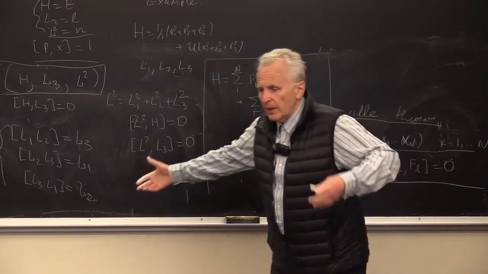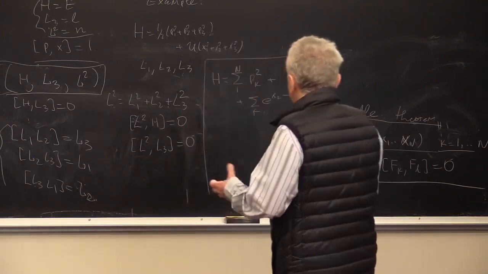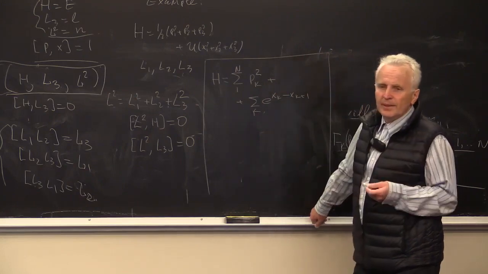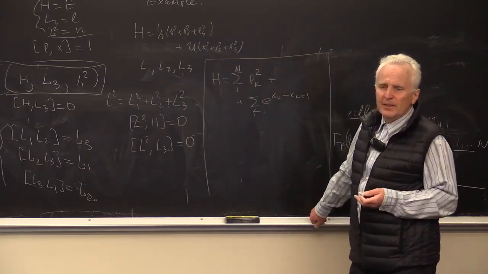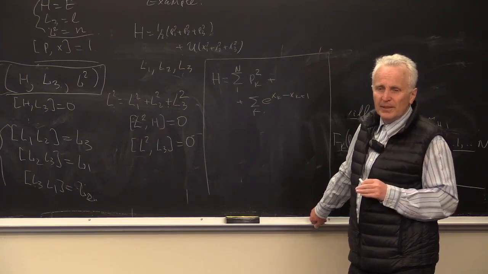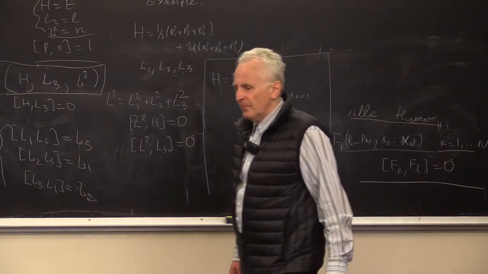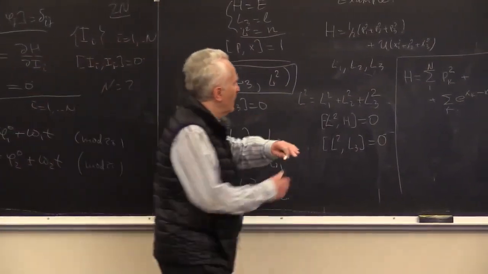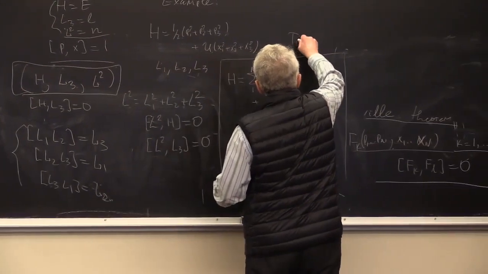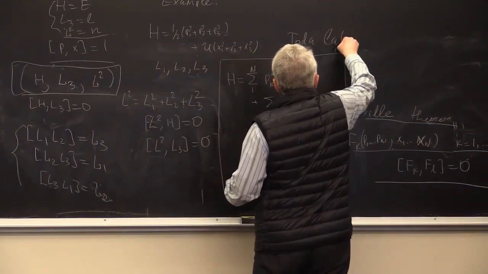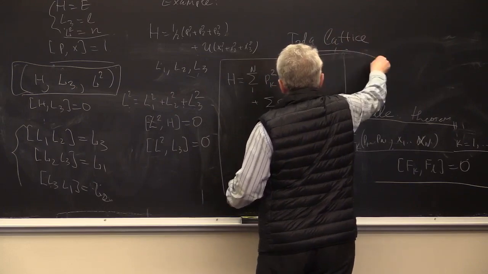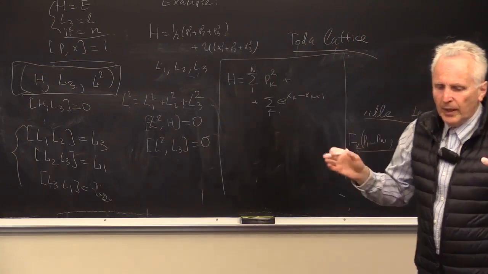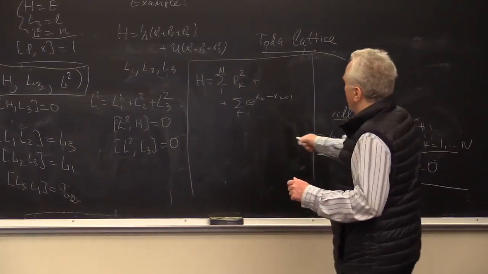Naively, if you use just Noether's theorem, what kind of naive integrals, or conserved quantities, would you ascribe to this system? So this is the Toda lattice, and this is the example which we will work out later in the course.